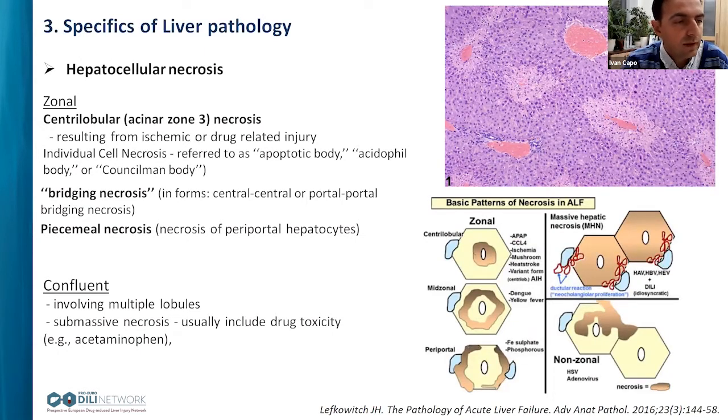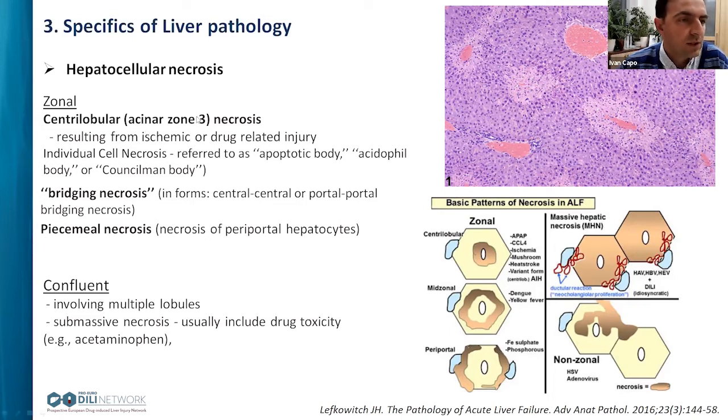Zonal or confluent necrosis are the most prominent findings, which we find in, for example, the animal model which uses acetaminophen to induce hepatic damage.